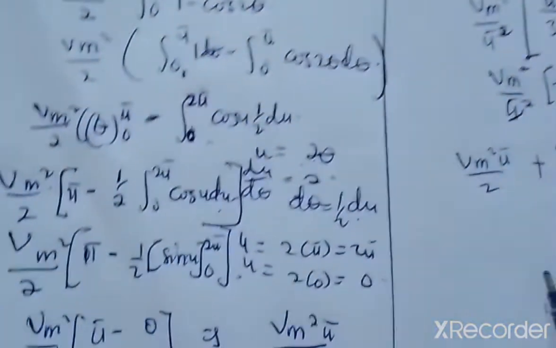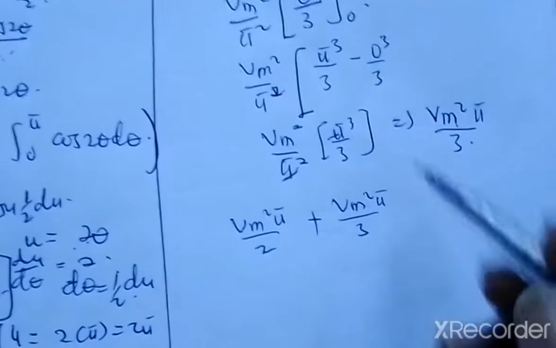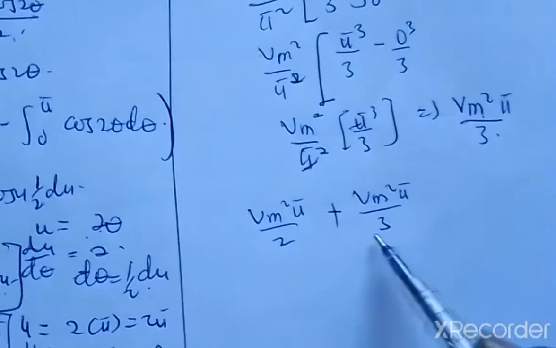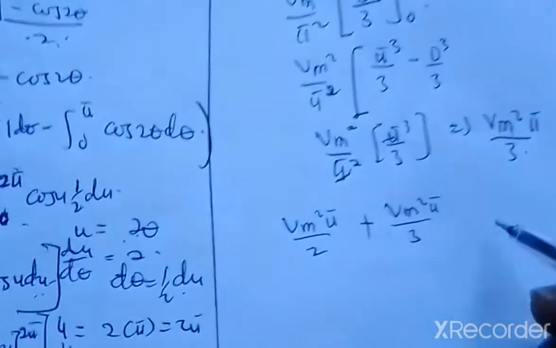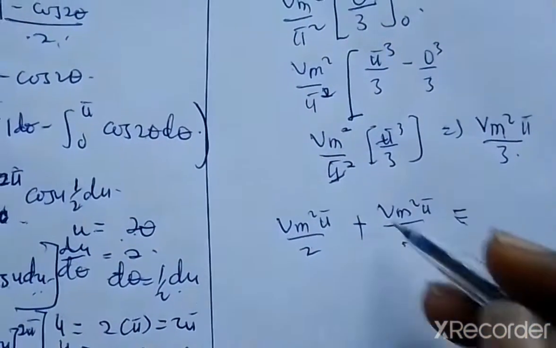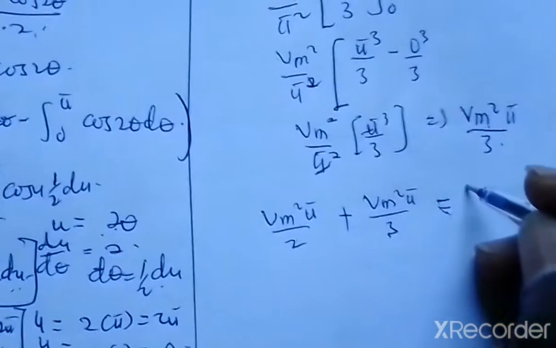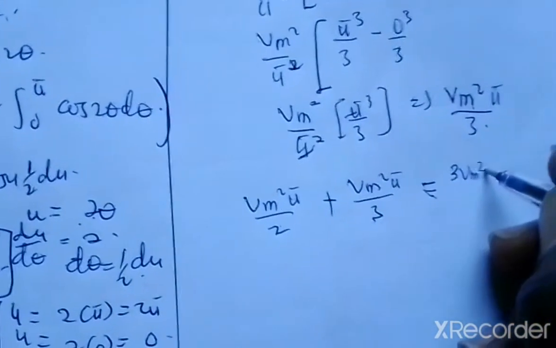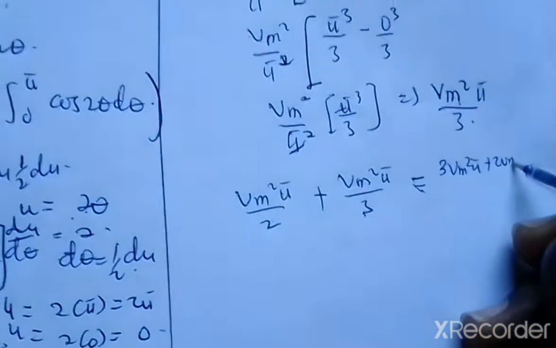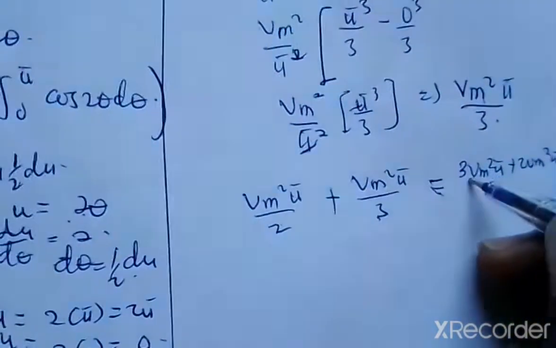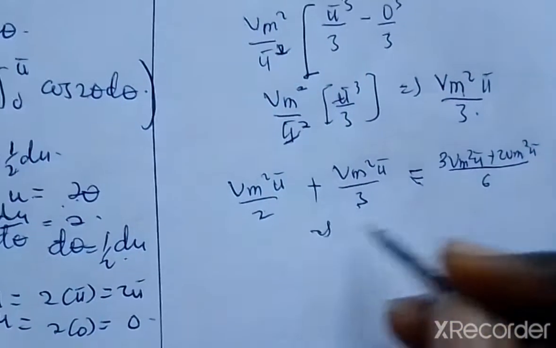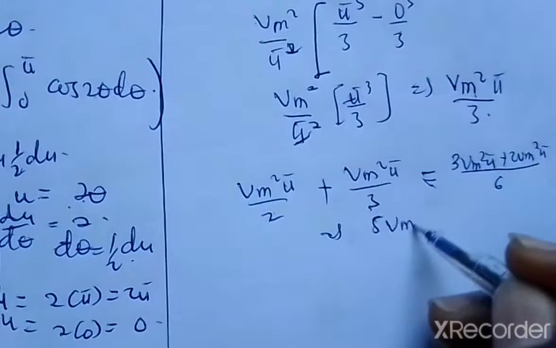So it's constant. The same for the sine part, Vm squared pi on 2. So when you add this, what are you getting? Different bases, so if you multiply this then multiply here, you get 3Vm squared pi plus 2Vm squared pi all over 6. And finally I'm going to get 5Vm squared pi on 6.